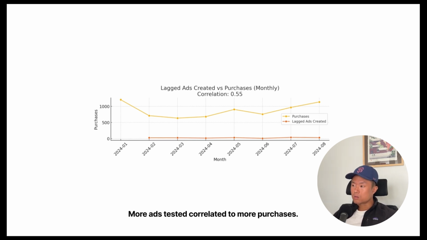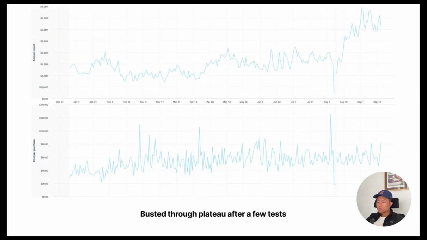Their spend plateaued at $50K a month in spend all year, and we increased spend up to $95,000 per month within 30 days without increasing their overall CAC. So this was just a screenshot, and we started working with them in late August. But yeah, we launched more ads. We got their best seasonal new year ever, implementing the creative testing system that I talk about a lot in this YouTube channel.